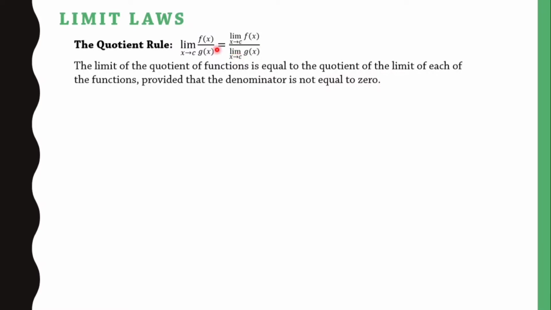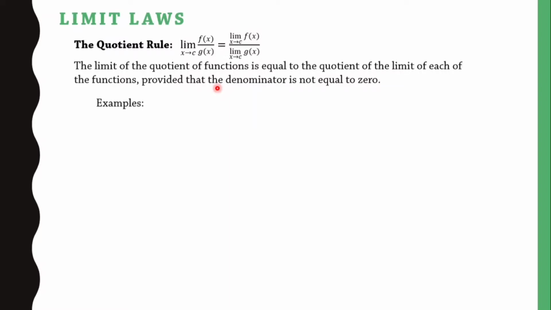So in short, we're simply getting the limit of f of x, then dividing it by the limit of g of x.